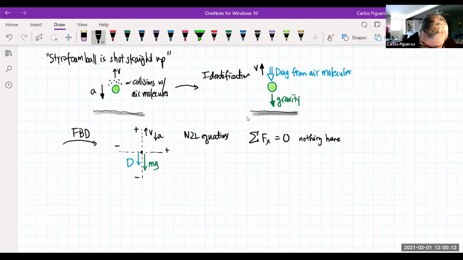So in this case, we already know that the acceleration is going like this. What about the forces in the y direction? Note that both forces are negative. mg is pointing in the negative direction, so I have to put that negative sign. The drag is also pointed in the negative direction. Because this is decelerating, this force is what's causing the deceleration. Let's go back up.